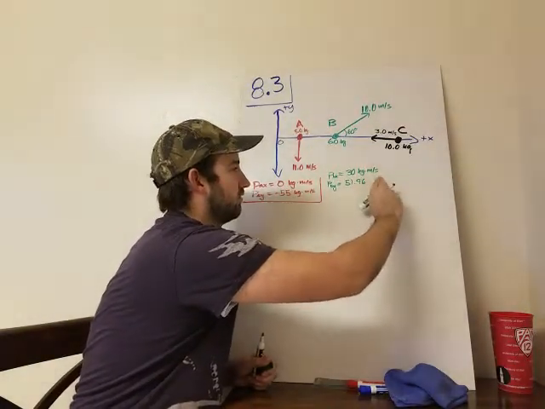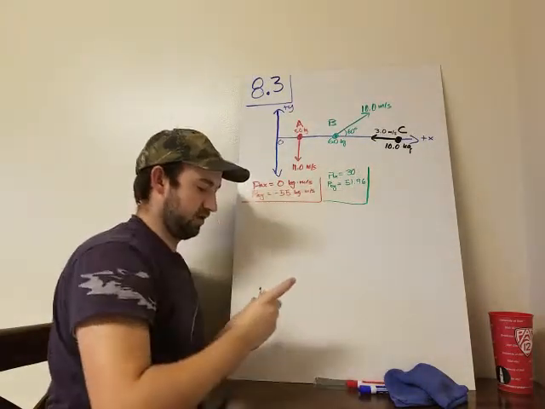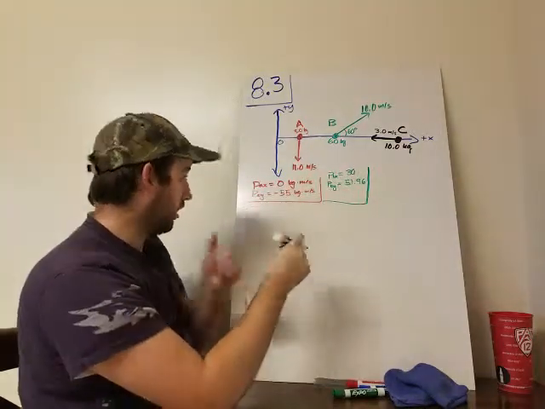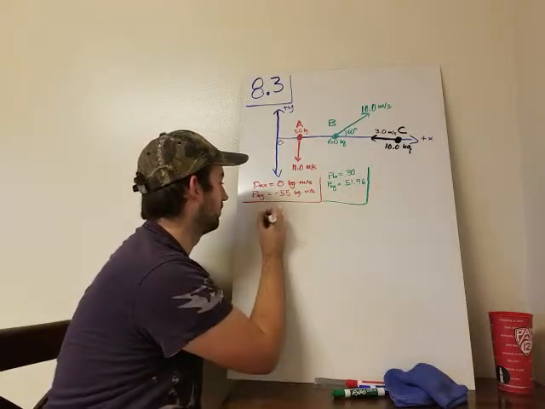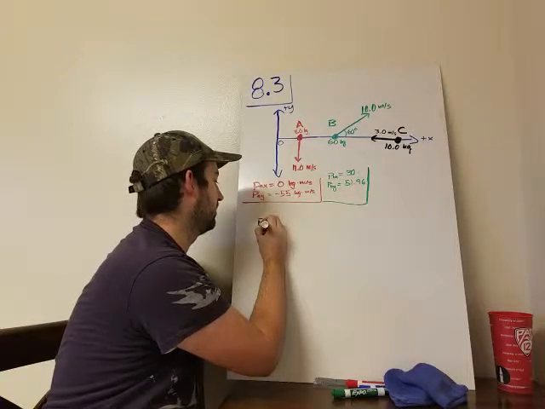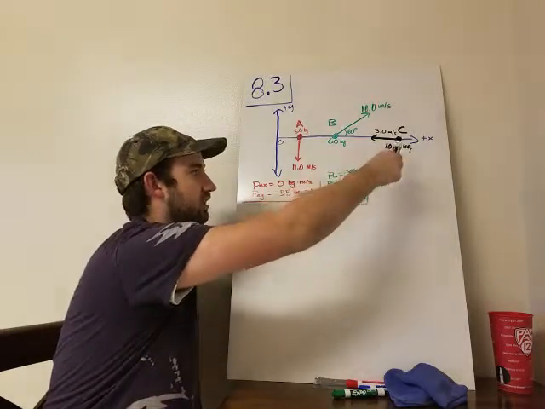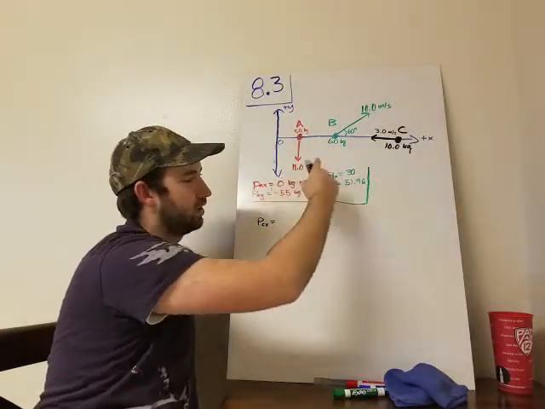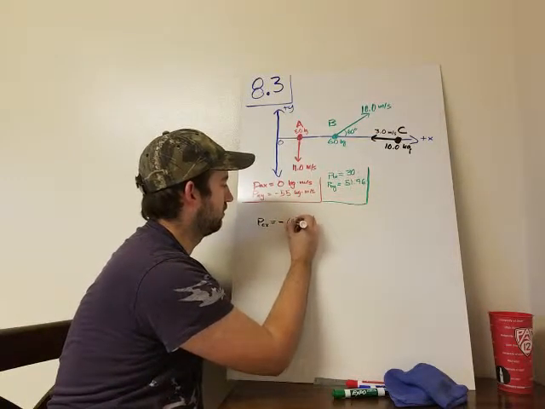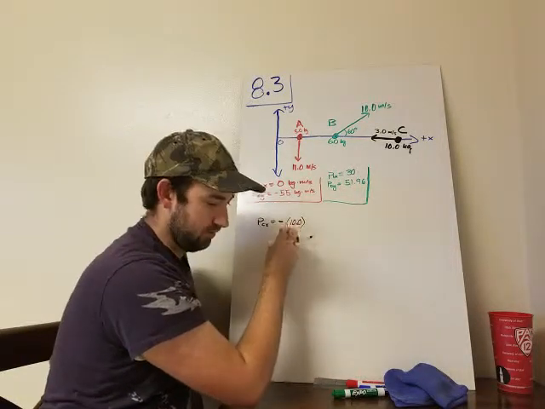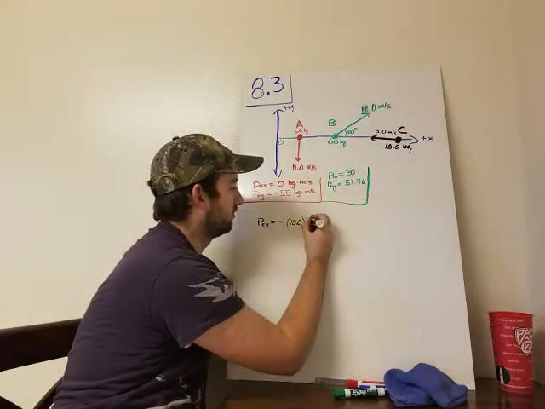I'll just leave these units off. They're all the same unit, so just to keep everything organized. So now we need to do the x for particle C. So P Cx equals, once again, it's going in the negative x, kind of like part A with the negative y, so we'll need a negative. The mass is 10, and the velocity is 3 meters per second.